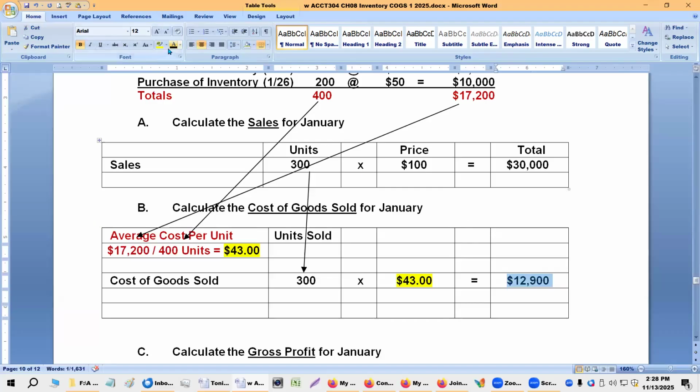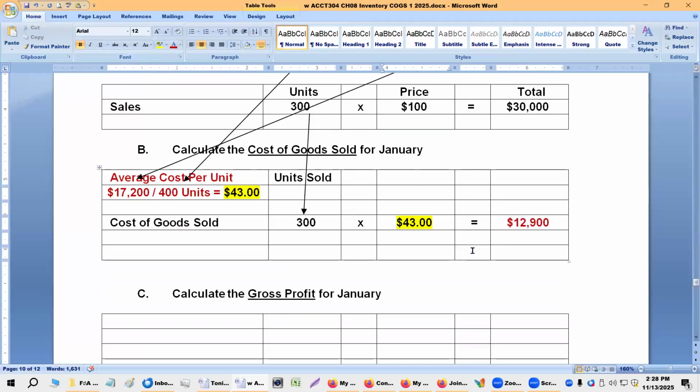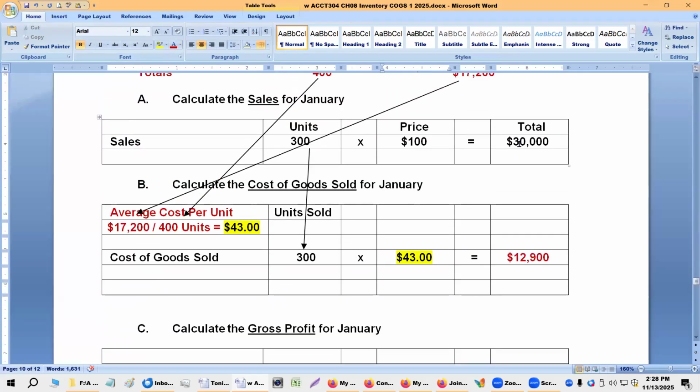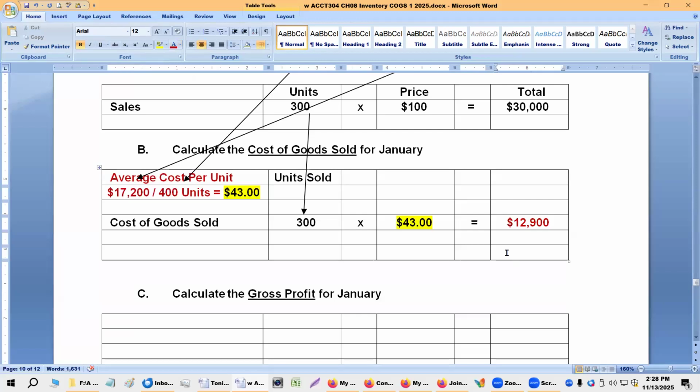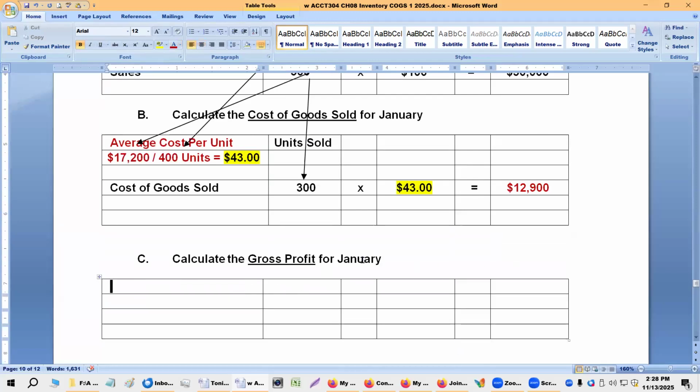All right, so this is our cost of goods sold. We sold 300 of them. We sold them for 30,000. We paid 12,900 for those, and that's what we're gonna put in our calculations down here.